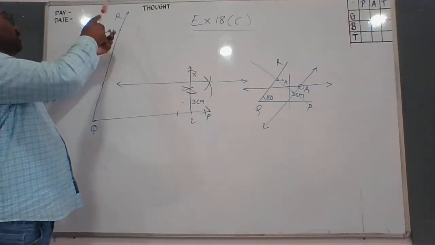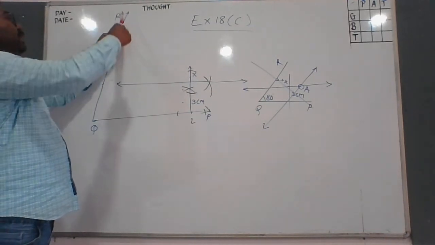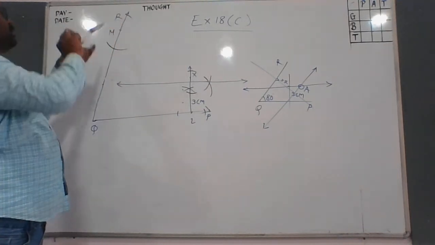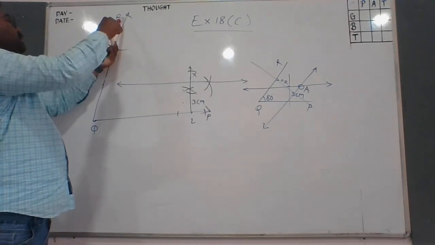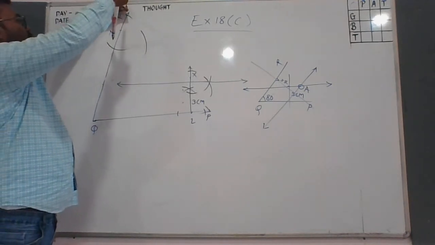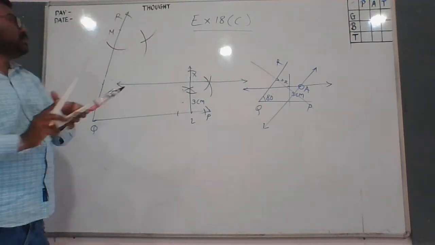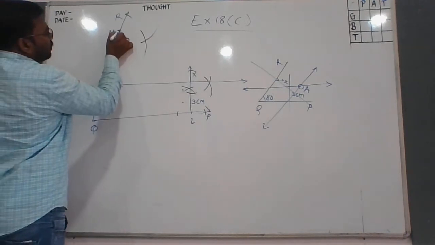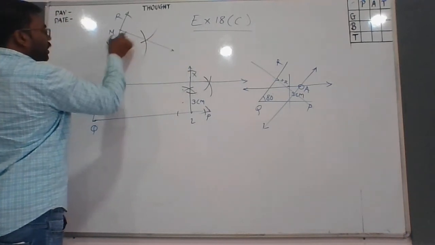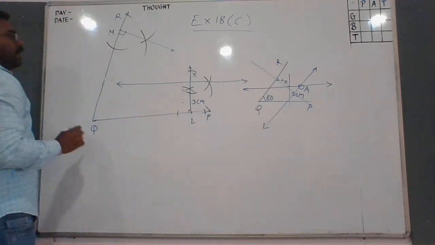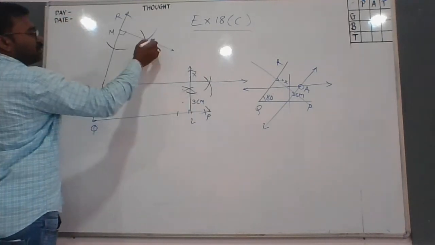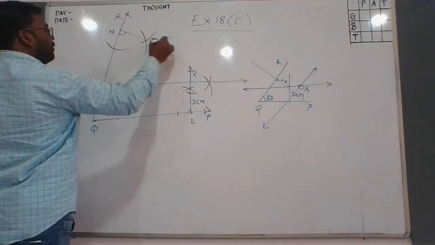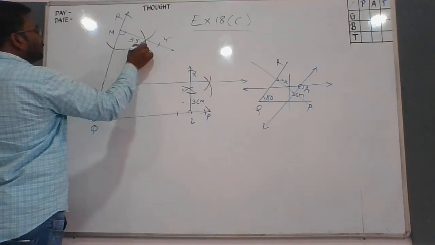Now what we will do, put it on M, first arc, second arc, taking more than half of this, cut the arcs. Okay. Then it will be like this, 90 degree angle will be here, and next distance we want 3.5. Suppose it is Y, means MY is 3.5 centimeter.